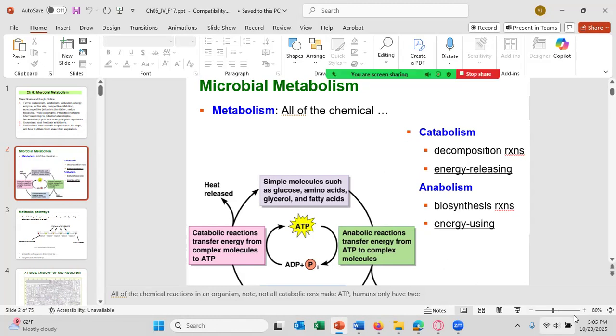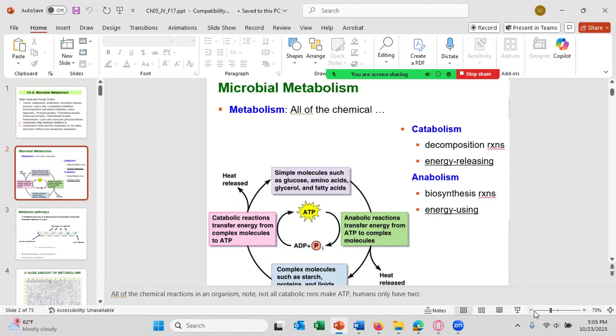Catabolism is a decomposition reaction where a larger molecule, like starch, is broken down into a smaller molecule, such as glucose. Catabolic reactions always release some energy as heat, and we usually say that energy is lost as heat because once energy is transferred to heat, it generally cannot be transferred to any other form of energy.